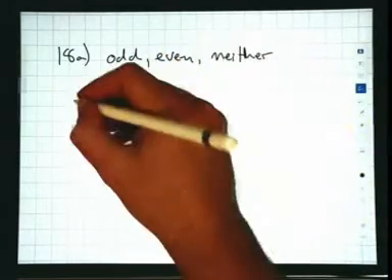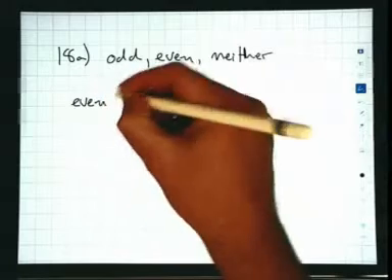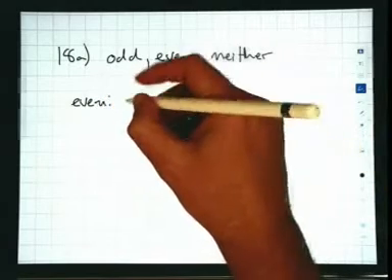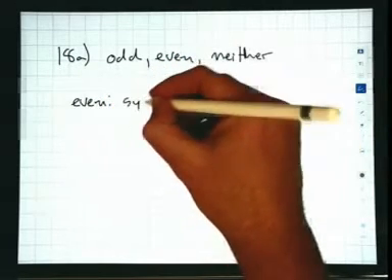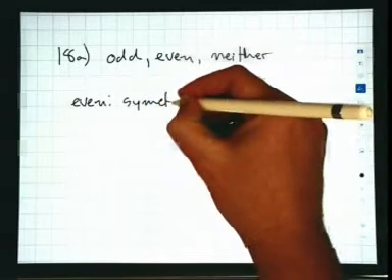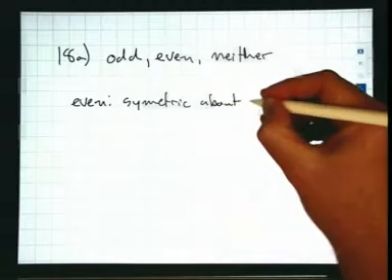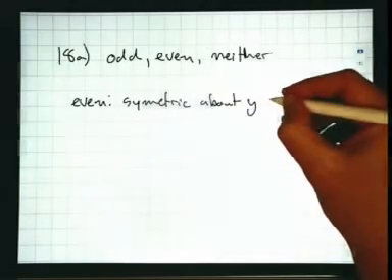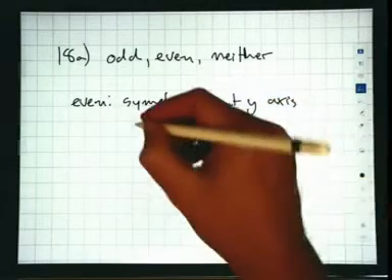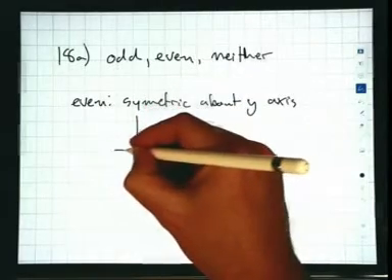Let's start off with even. Even functions are going to be symmetric about the y-axis. So that means that they're going to look something like this.